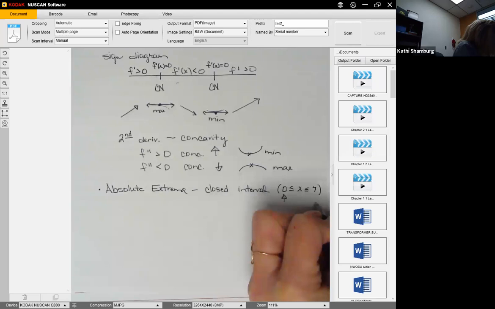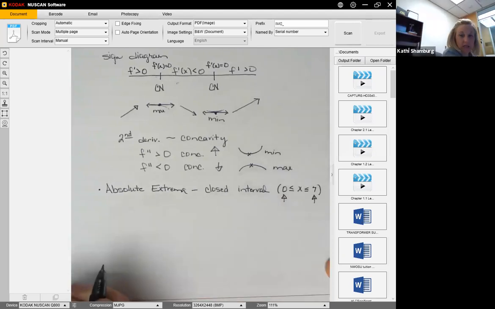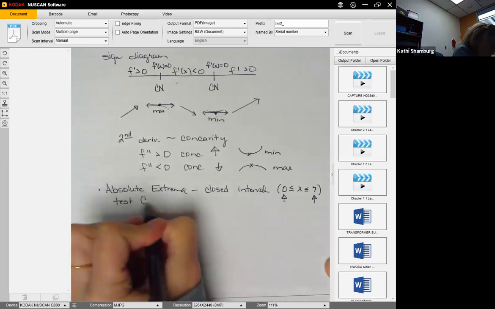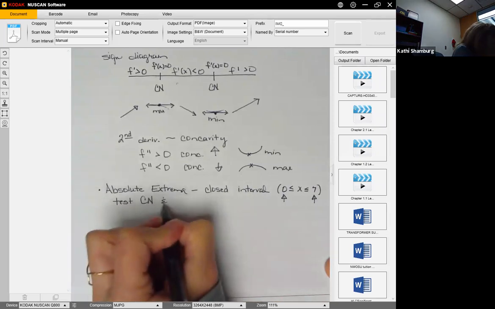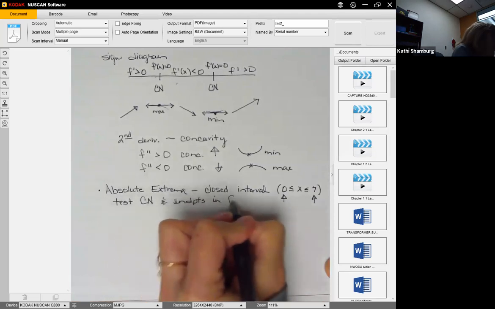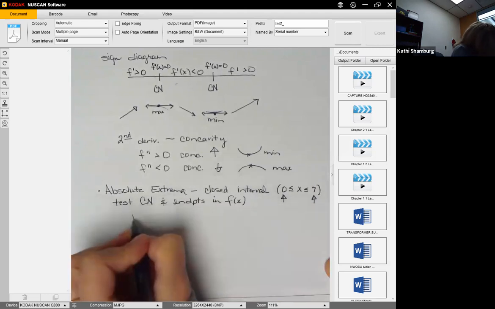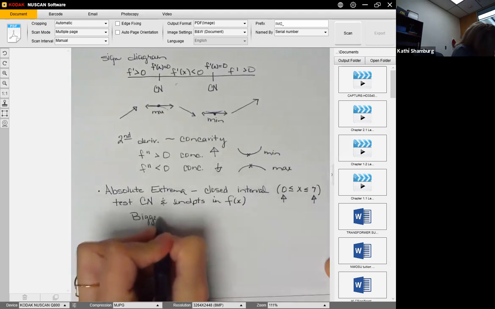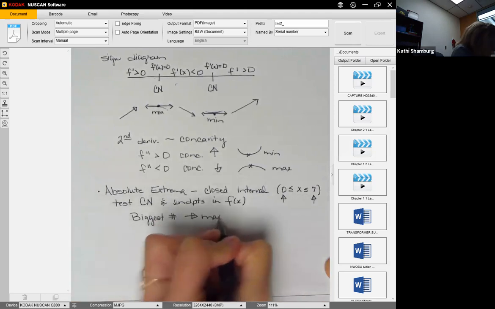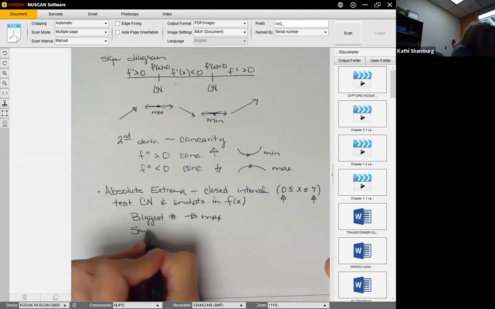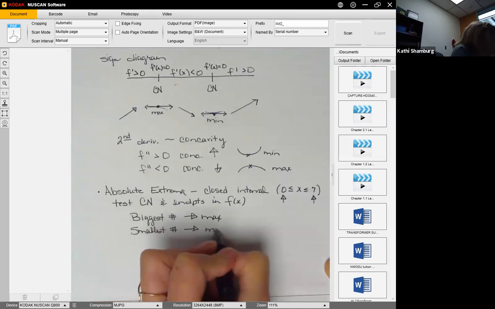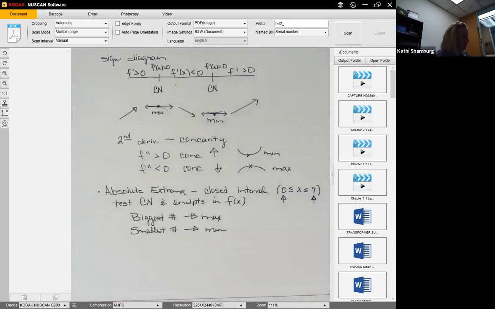So these points here would be considered your end points. So you test your critical numbers as well as the end points in the original function, and the biggest number is your maximum and the smallest number is your minimum. So we did all of that in chapter 3.